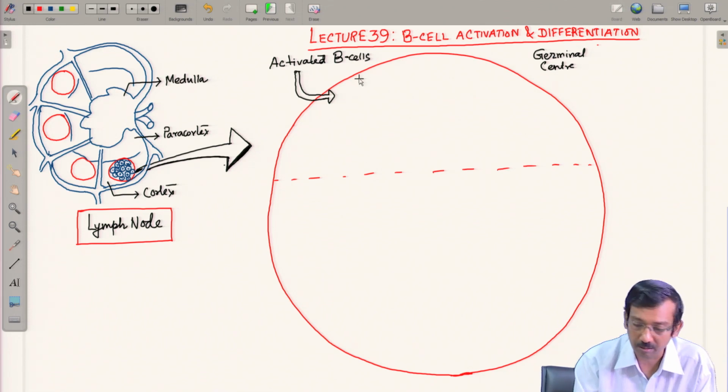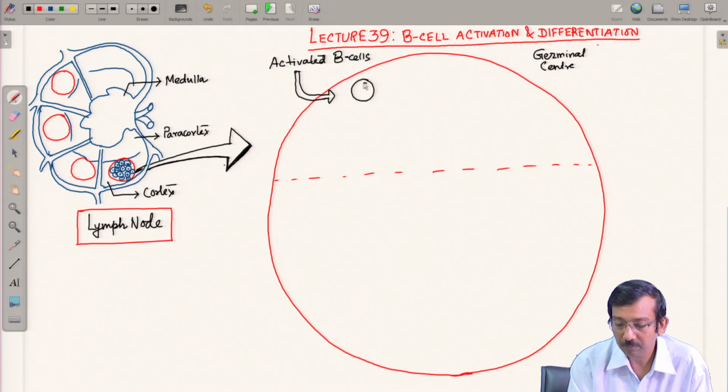They increase in number, undergo mitosis, and proliferate.